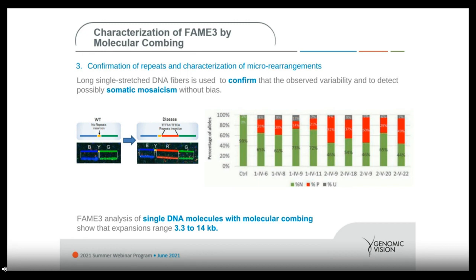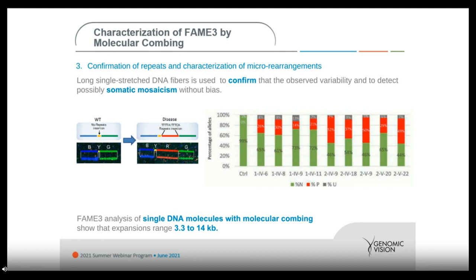When there is the repeat expansion, we have the expansion in red. Here you can see clearly from the example a wild type and a pathological condition in real combing. This has been analyzed in different patients, where they could see the onset of the disease and the risk of having the disease.